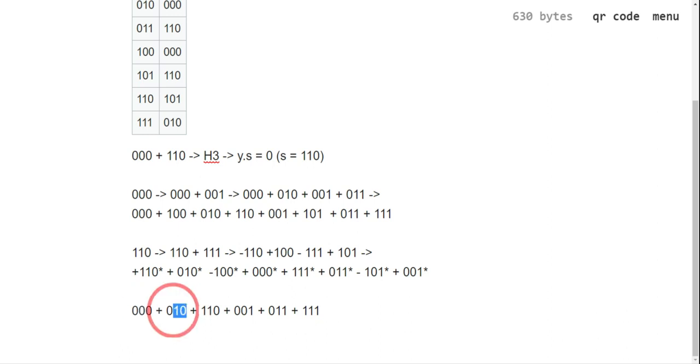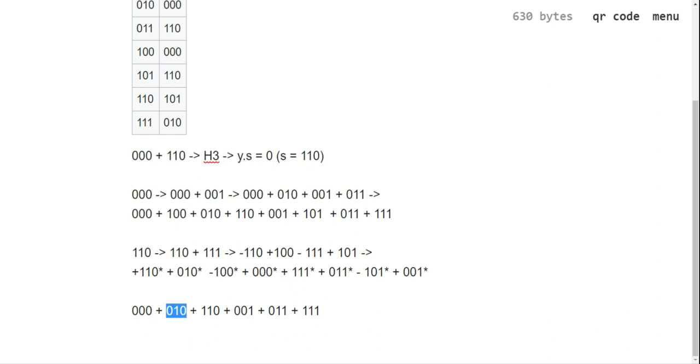For this, it also works. One times one. No, for this it doesn't work. Have I done something wrong here?